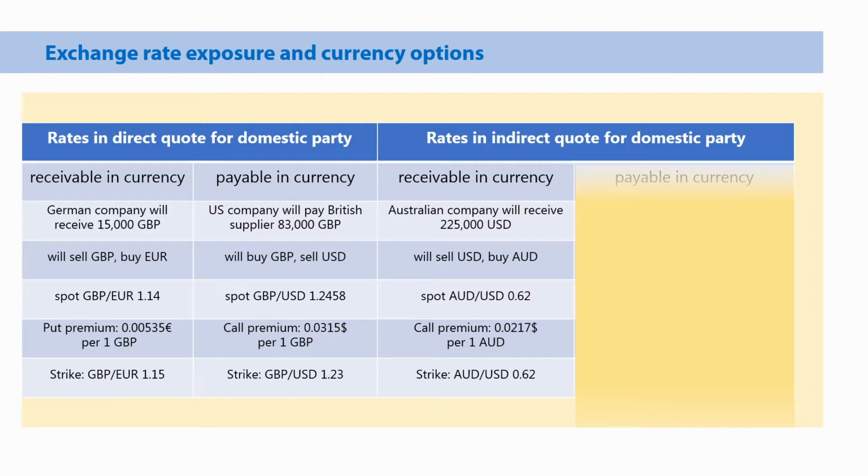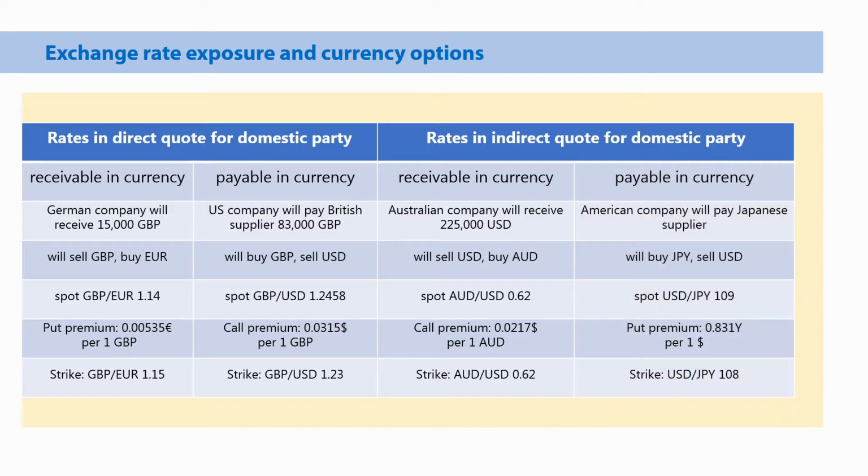Since they will buy Aussie dollars, they look for a call, and the premium right now would be $0.0217 for 1 Australian dollar that they buy. And for the strike price, they want a strike price that is just the spot price right now. And the fourth case is an American company with a payable in yen.